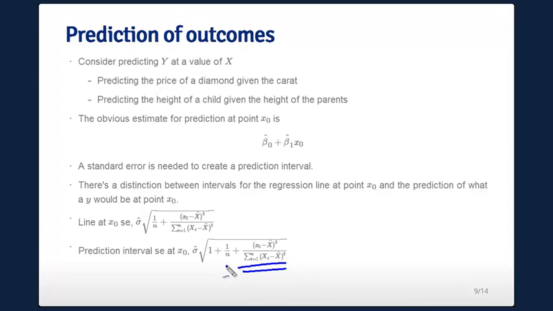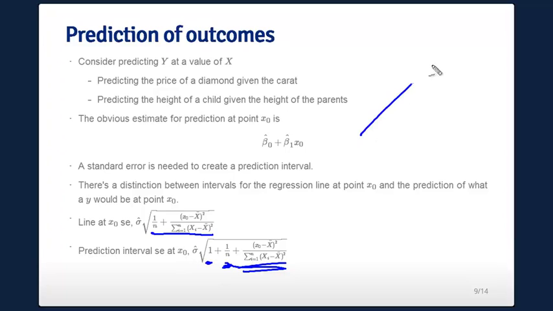This other part relates to how good our estimate of the line is. Both of these parts go to 0 as you collect an infinite amount of data. And then there's this part right here, the 1, that never goes away as you collect more and more data, and that says how much variability there is around the line.